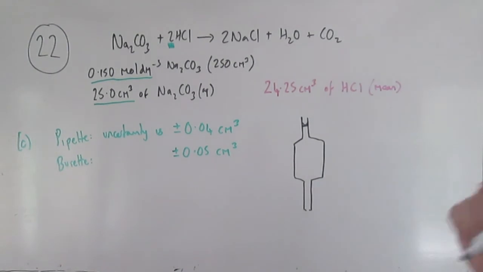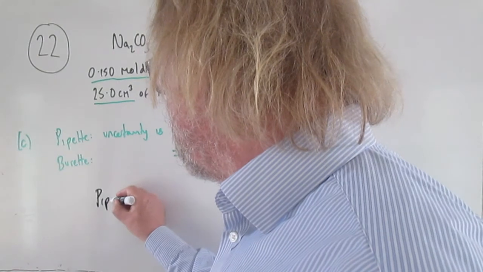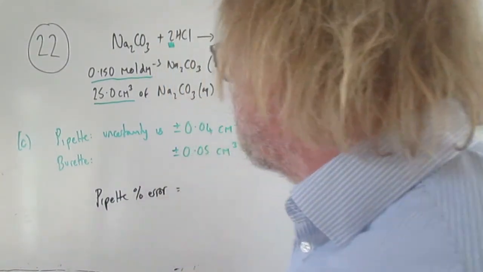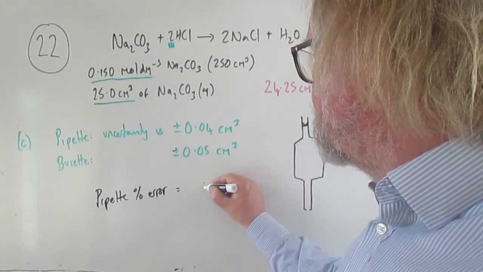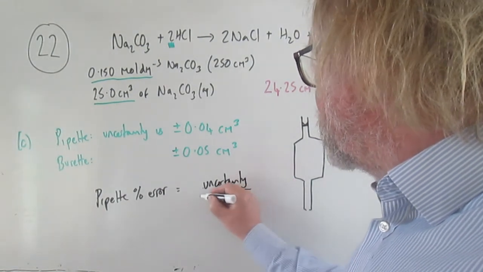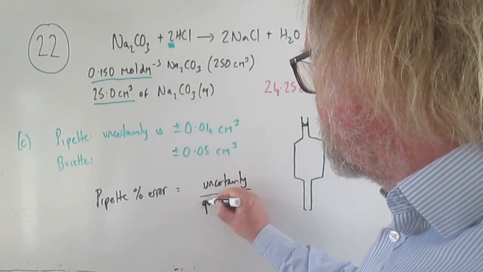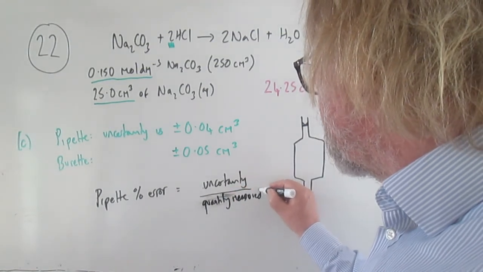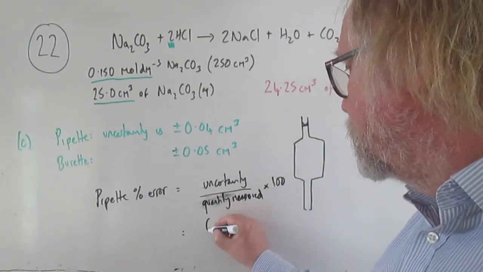So that means for the pipette, we can easily calculate the percentage error. It is equal to the maximum uncertainty divided by the quantity measured, which in this case is a volume, times 100. That's the definition that you need to know. So that's going to be equal to 0.04.